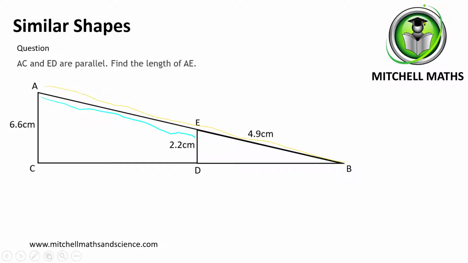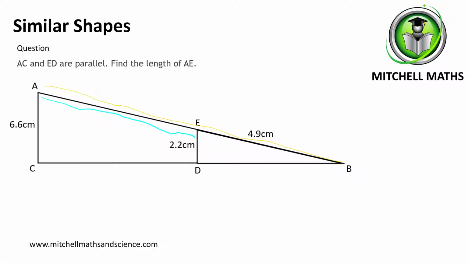That side is proportional to 4.9. And if you can work out A to B, then you can take away 4.9 in order to find out A to E. So that's what we're going to need to do in this question.